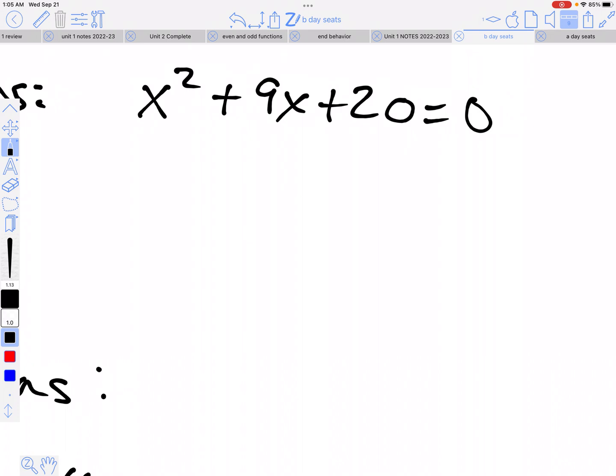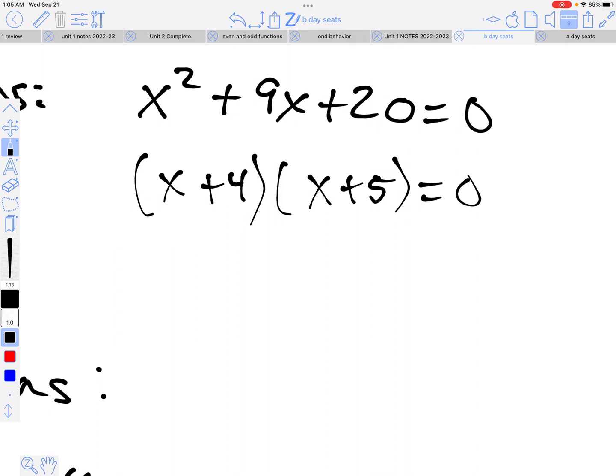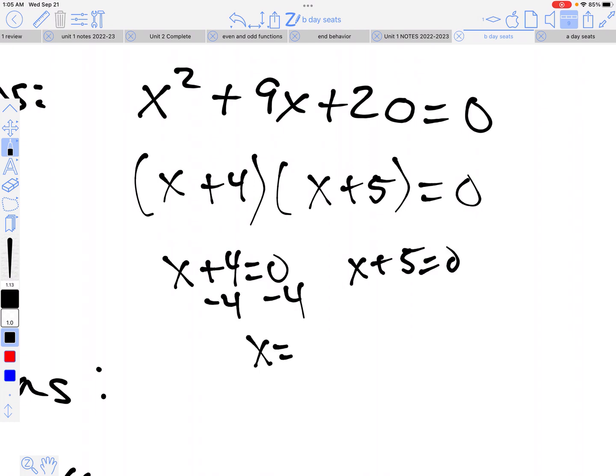We can't minus 20 and there's not like terms. The x squared and x are not like terms. So what we had to do is factor. So I'm going to factor this one pretty quickly. Once we factor, we can use the zero product property to set each one equal to 0 and then solve. And we were able to find those roots pretty easily last year once you learn these techniques.